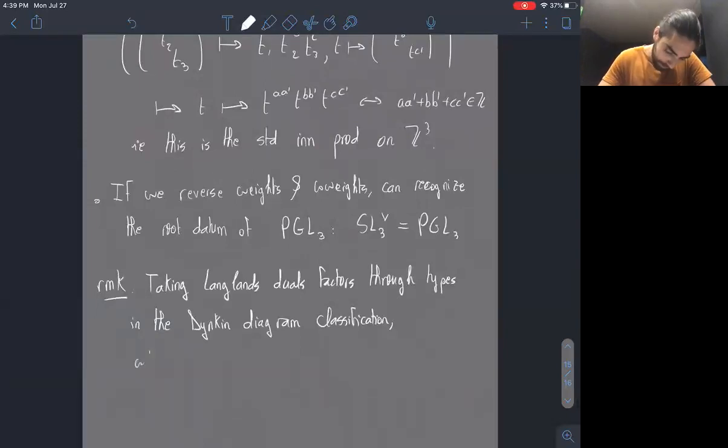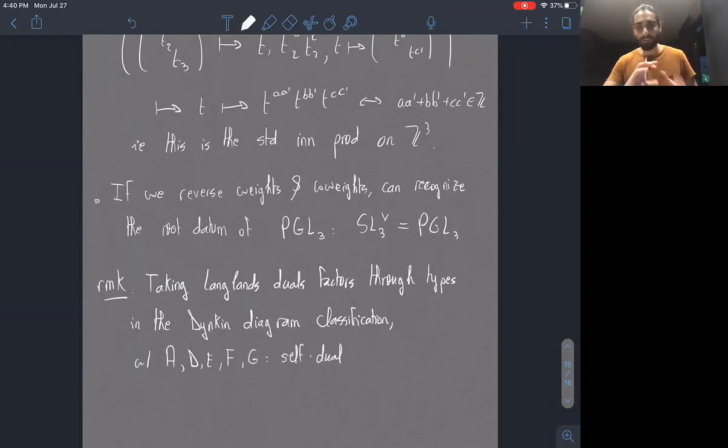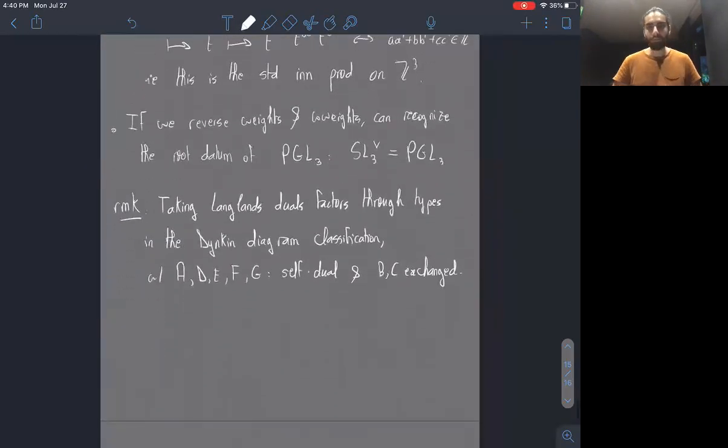So I think A, and Alberto, correct me if I'm wrong, D, E, F, G are self-dual types, meaning that if I take, for instance, an element of type A, I'm guaranteed to land in type A again. And B, C are exchanged. Okay, so that's root datum and Langlands duality.